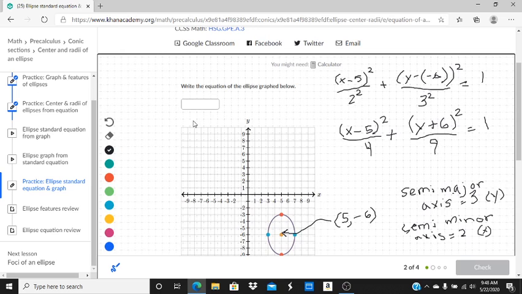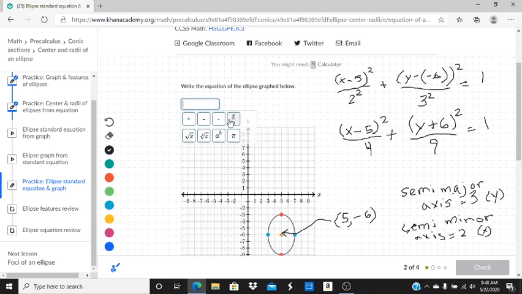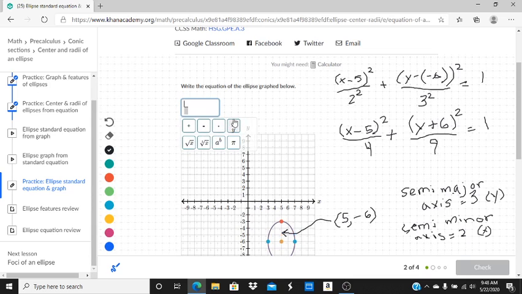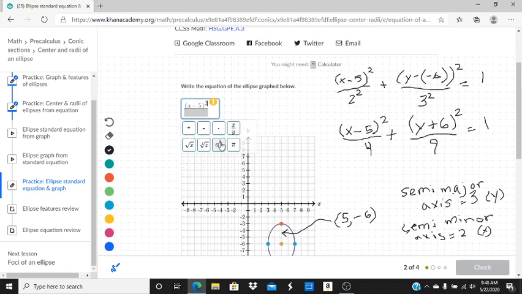All right, so I'm going to put that in. I'm going to start with this fraction here, then in parentheses, x minus 5, go outside of the parentheses, and I can hit this button. We want that squared. Go down to the denominator, that's going to be 4.